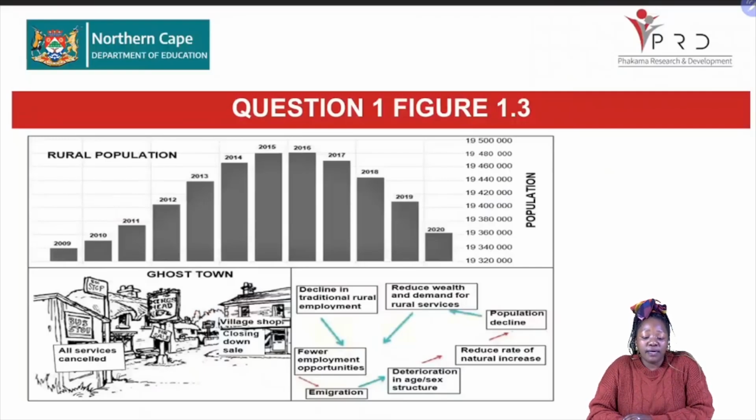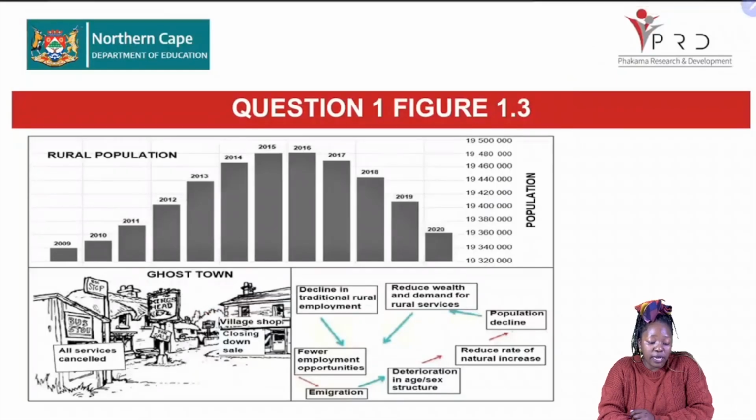So in your figure 1.3, it's based on the diagram. In our diagram, we have the graph that is representing a rural population, and then the population number as well as the years. Then again, we have the infographic. In the infographic, we've got the ghost town, and then all services cancelled.